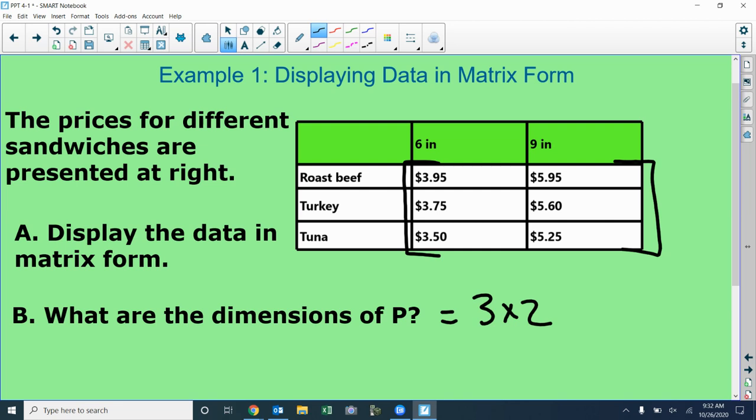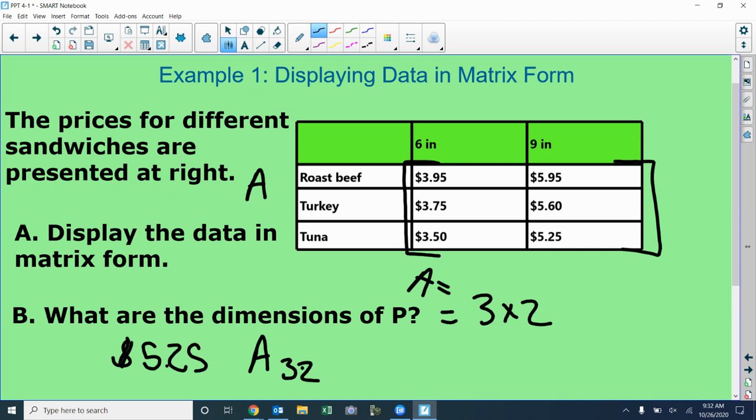Tell me, are there any spots where the cost is $5.25? What would that dimension be? We're going to call this matrix A again, it doesn't matter. So matrix A is a 3 by 2. So what's the address of $5.25? It would be A what? Row 3, column 2.